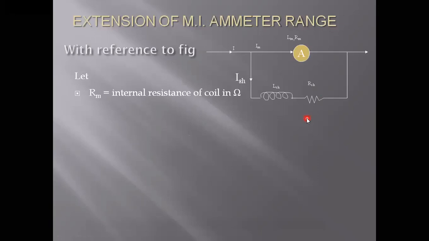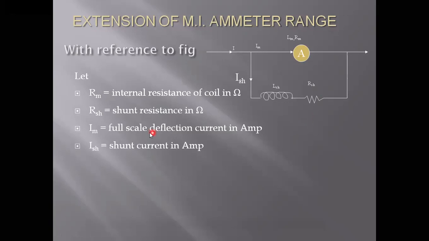Let Rm be the internal resistance of the coil, RSH the shunt resistance, Im the full scale deflection current in amperes, ISH the shunt current in amperes, and I the current to be measured in amperes.